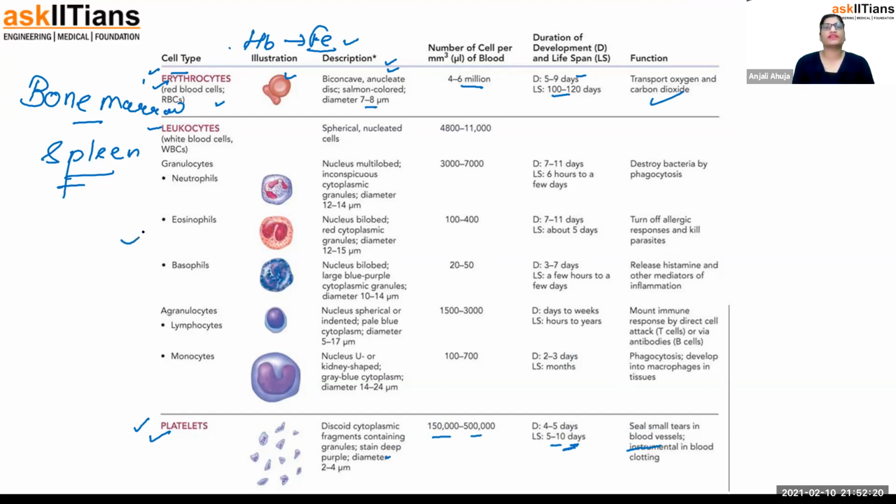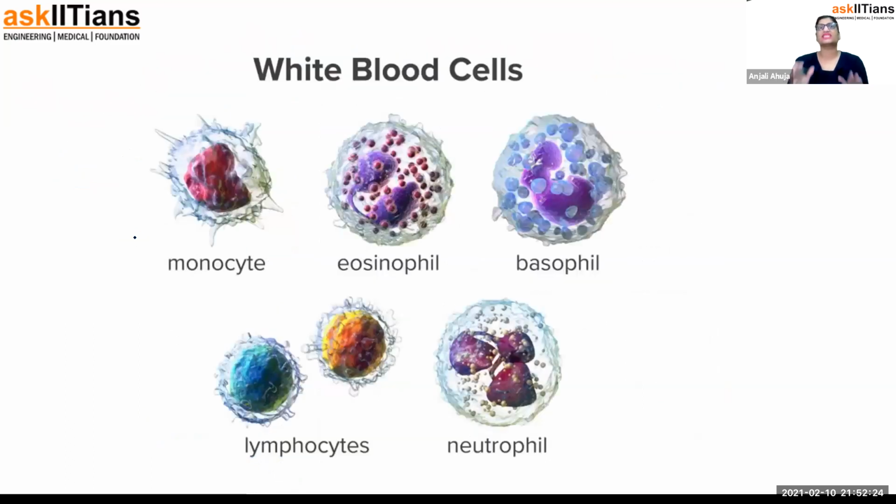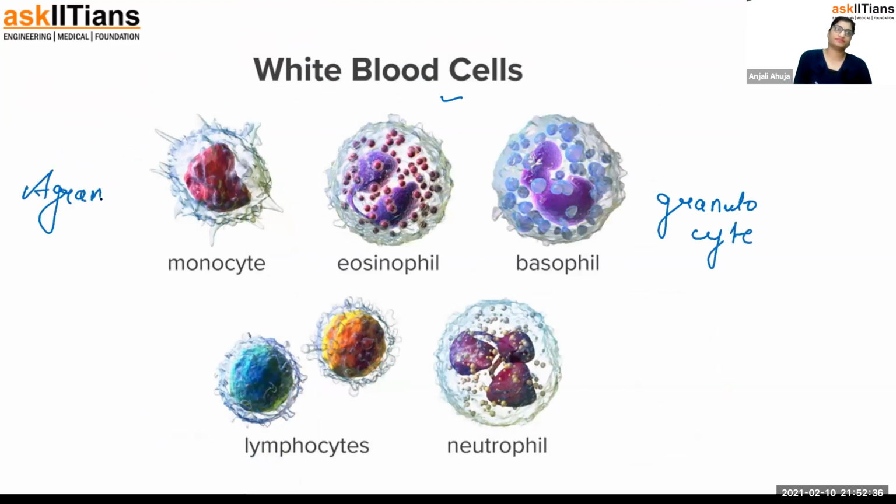Now I'm going to provide you information about the WBCs, but before that you have to see this diagram. WBC is basically of 2 types, granulocyte and agranulocyte. Granule means a little dotted structure. In the granulocyte, dotted structures are present, but in the agranulocyte, nothing is there in the structure.